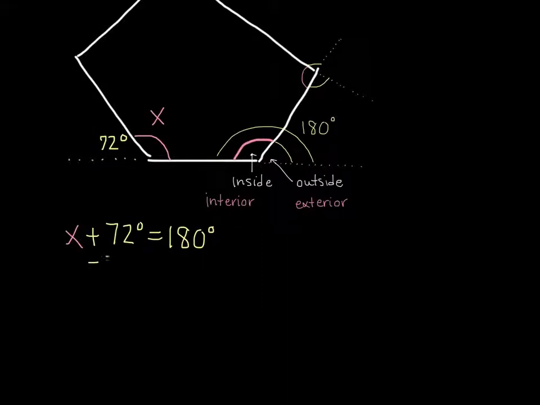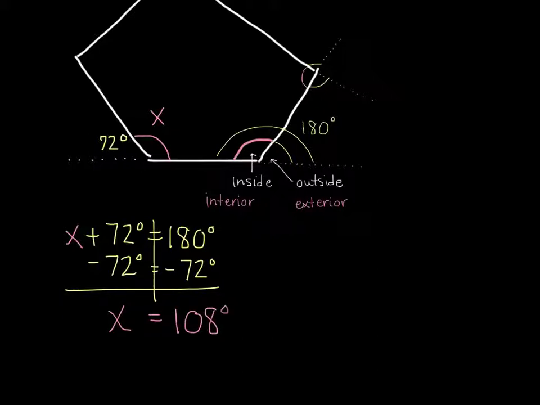In this case, I'm going to subtract 72 degrees from both sides, and I'm going to say then that x is equal to 108. So this would be 108 degrees, and that looks like a little bit over 100. It's certainly bigger than that one, but that means that this with that together would make this straight line. This would be the exterior angle, and this would be the interior angle.